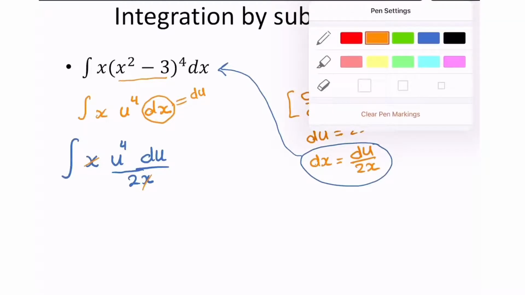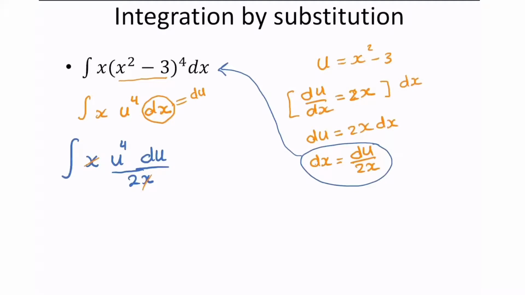Also, instead of keep saying this integration, let's say let I equal this integral, x squared minus 3 to the power 4 dx.